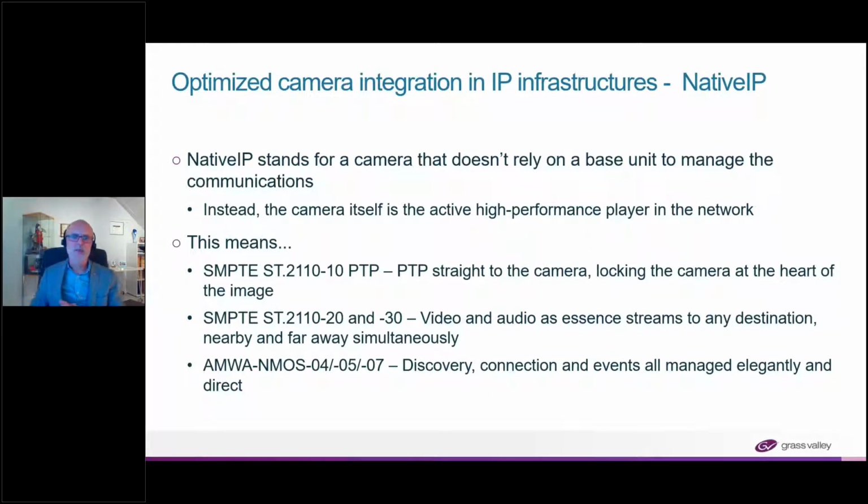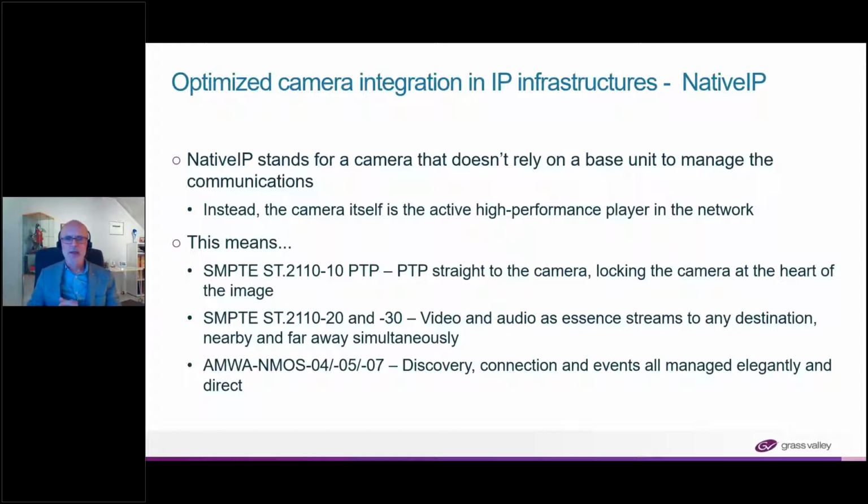And of course, the camera supports SMPTE 2110-20 and -30 for the video and audio essences and for the intercom. So it's a fully supported standard. And we, of course, make sure that we also support other vendors' equipment, such as intercom equipment from all the different vendors, which are supporting 2110-30 streams.